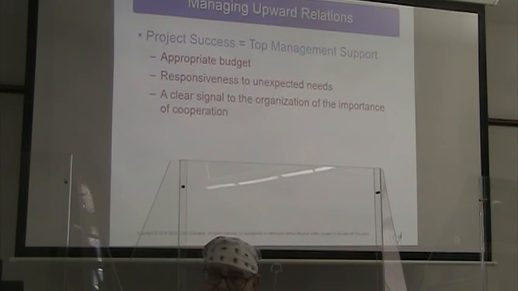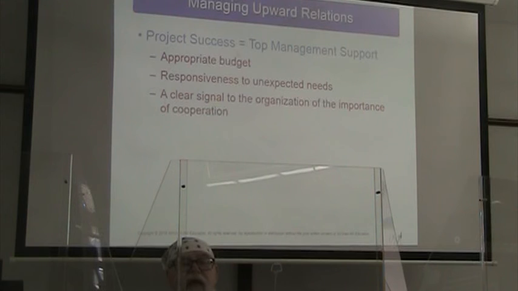All right, so for our project to be successful, we really need top management support. There are times we're going to be without that top management support, but that makes it very likely our project will fail.